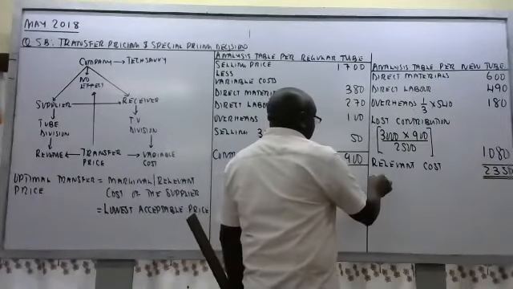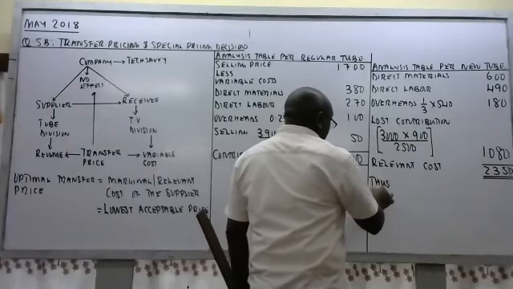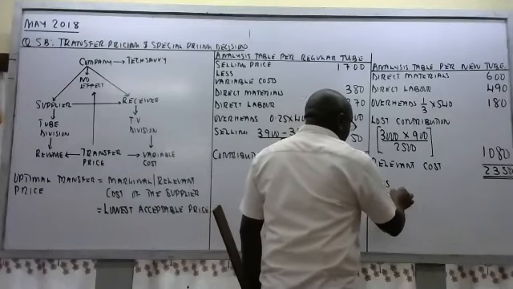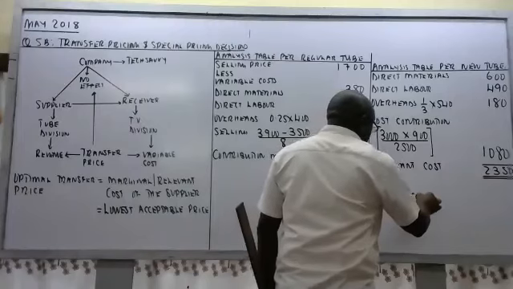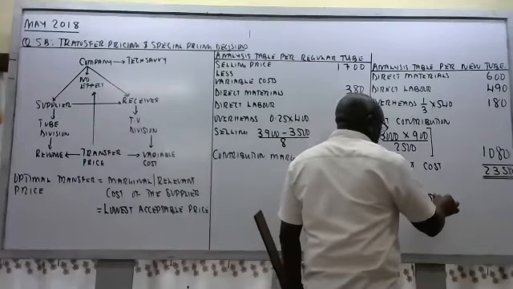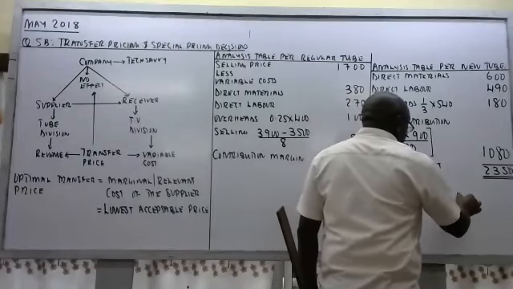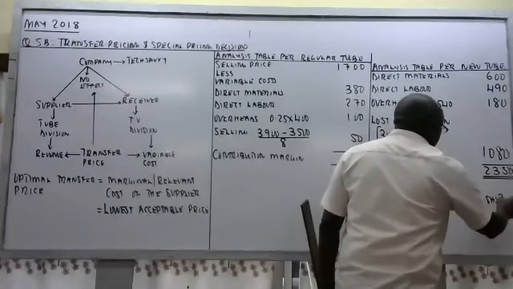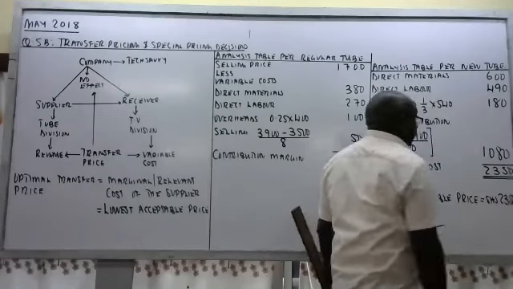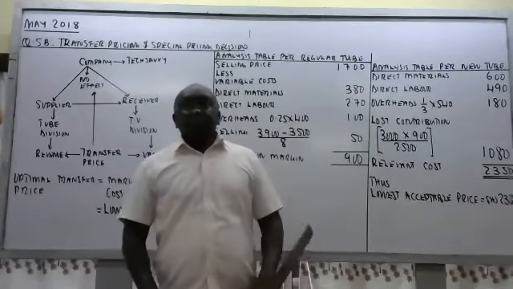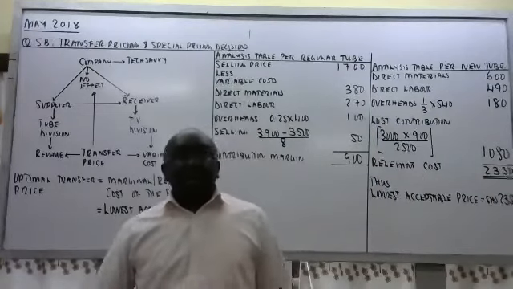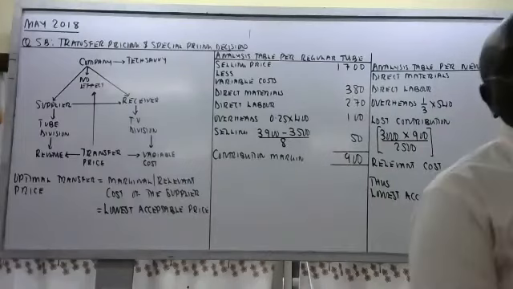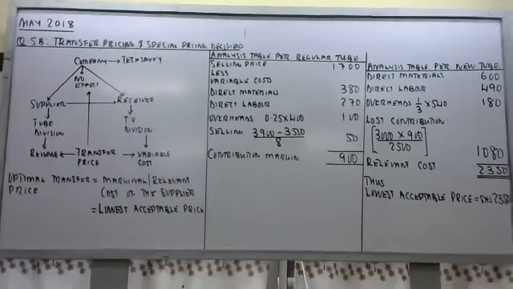And thus the lowest acceptable price will be shillings 2350.